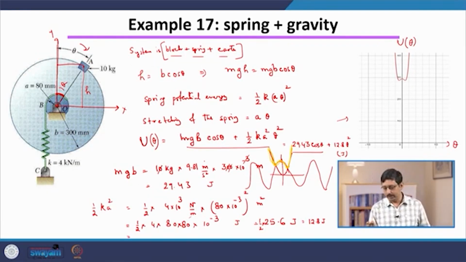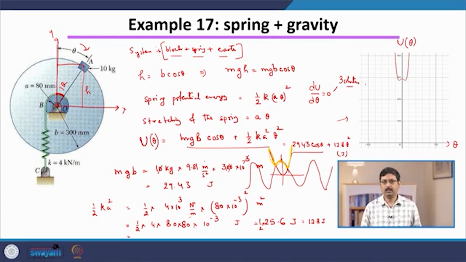You see from this profile, or even from the shape of this curve, that there should be 3 equilibrium positions, because there are 2 minima of u and 1 maximum. So, there are 3 different values of theta where the slope of u, du d theta, is 0. Three solutions.